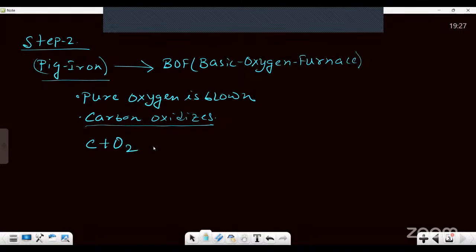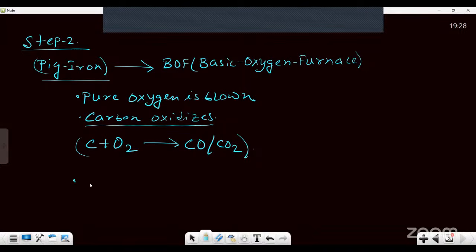So basically that is why oxygen is used. So you should know one thing, that steel making is nothing but an oxidizing process. So the atmosphere in the steel making is oxidizing, because we are using oxygen in the steel making process.